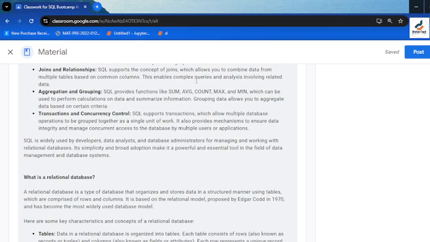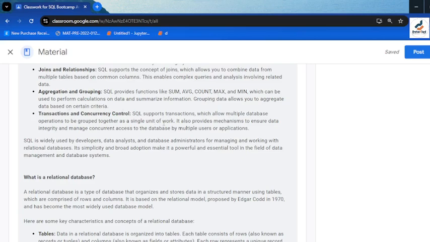But now, because you have a group by option in SQL, you can aggregate these oranges and group them by the spoiled oranges and the not spoiled oranges. That is what this means. Grouping data allows you to aggregate data based on certain criteria.